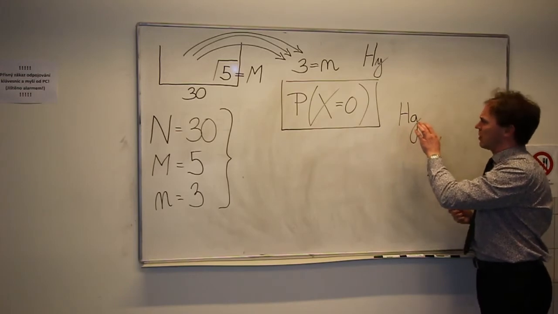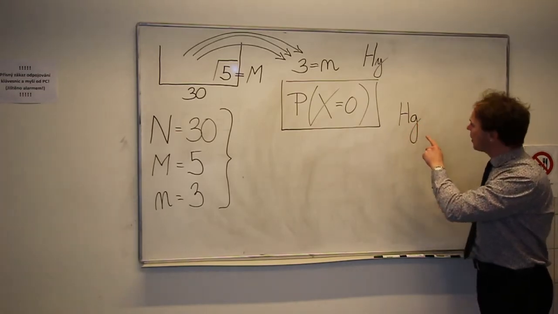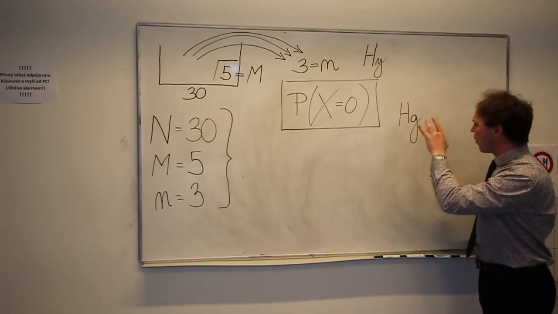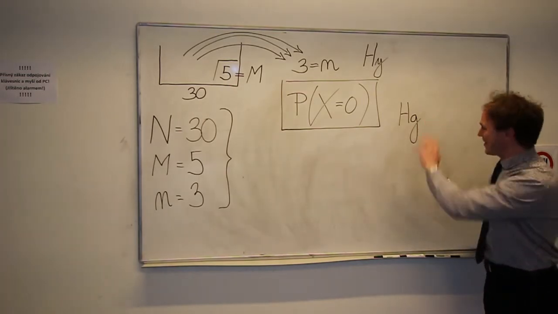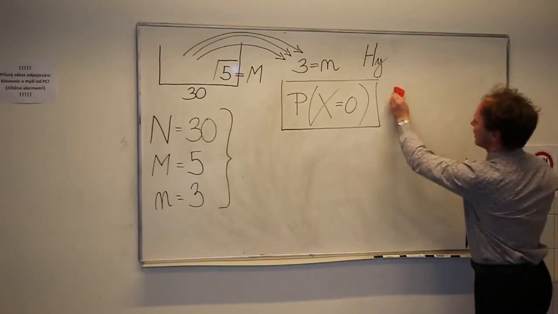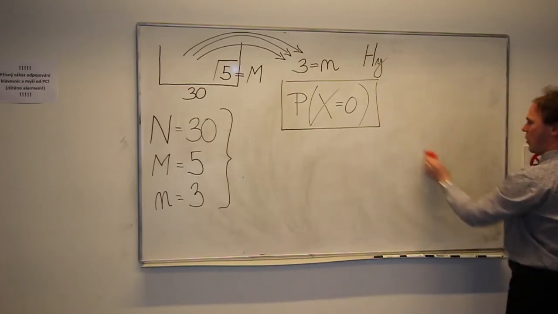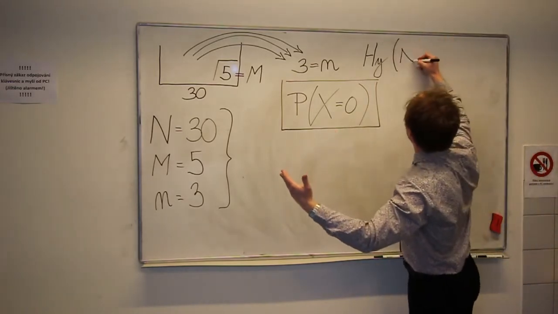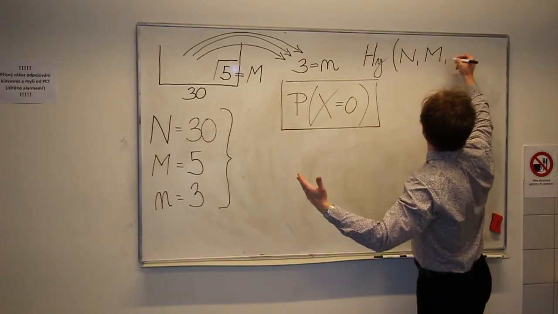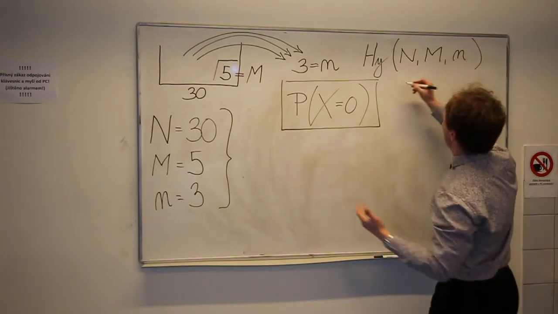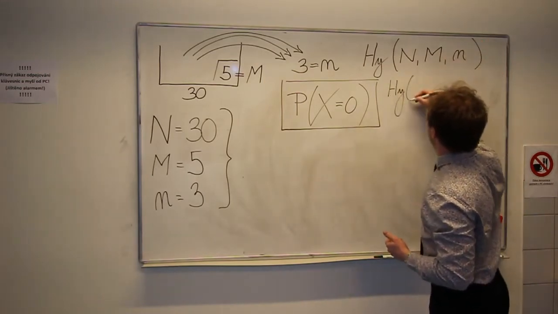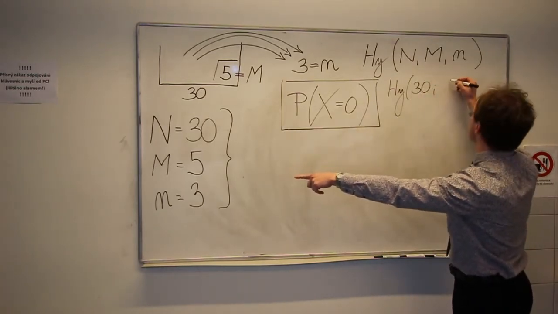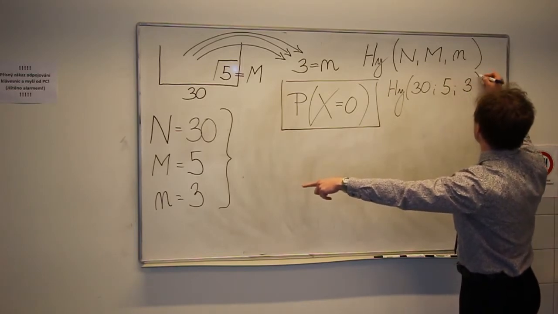This looks also like hydrargium, which is the Latin name for mercury, I think. So we are using HY, hypergeometric distribution, with parameters capital N, capital M, and small n. In our situation, hypergeometric distribution with parameter 30, with parameter 5, and with parameter 3.